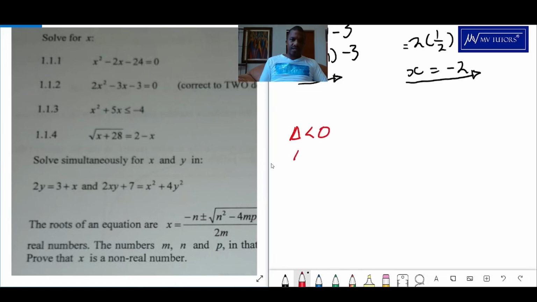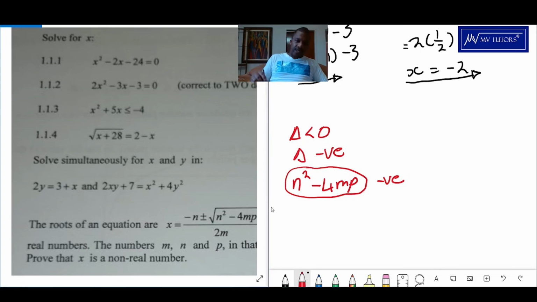That means the discriminant is negative, right? The discriminant is the part inside the square root, so n squared minus 4mp in this case. So we gotta prove that this thing is negative.